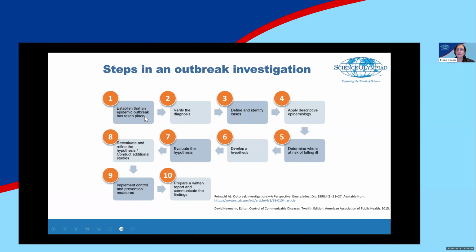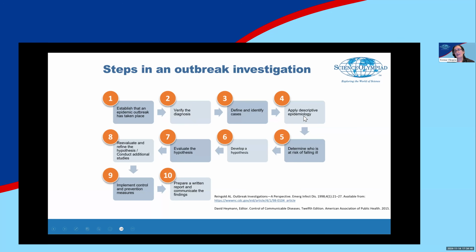You can make an outbreak curve, and I'll talk about how to make an outbreak curve and how to define what different kinds of outbreak curves are. And then I have verified my diagnosis by conducting the diagnostic test for C. diff, which is a PCR, and I've established that these are my confirmed cases. I have made a line listing of my cases.